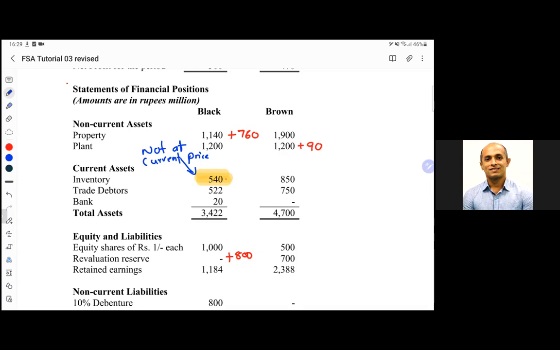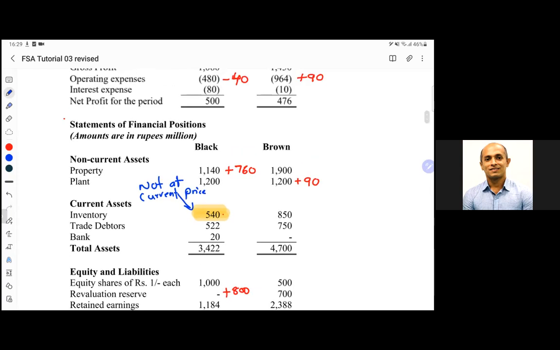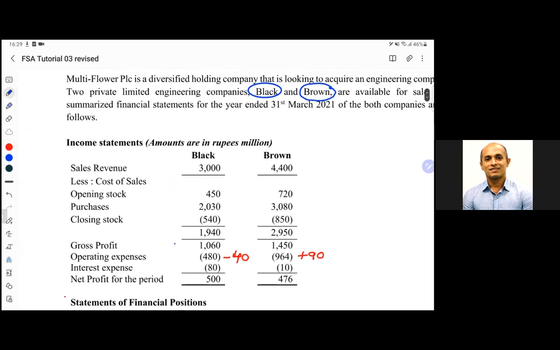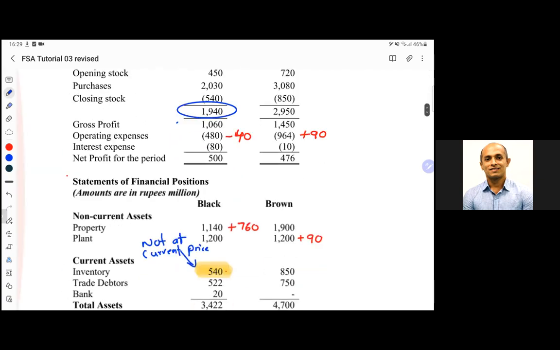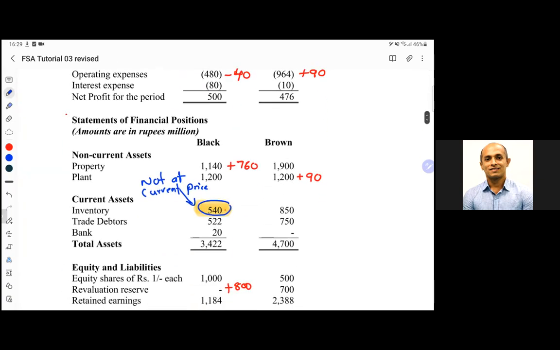Now let's see how to calculate the company's inventory holding period. You have the cost of sales and the inventory, and you can calculate roughly the company's inventory holding period.